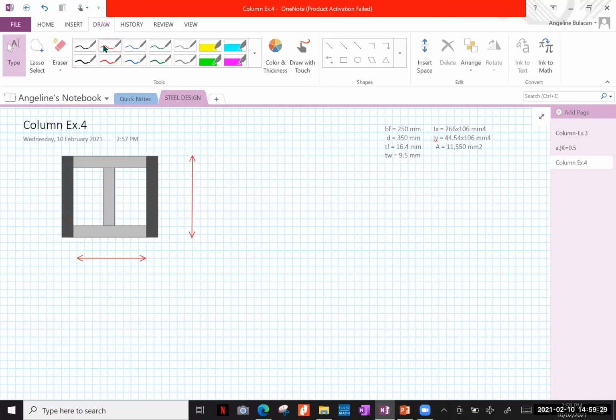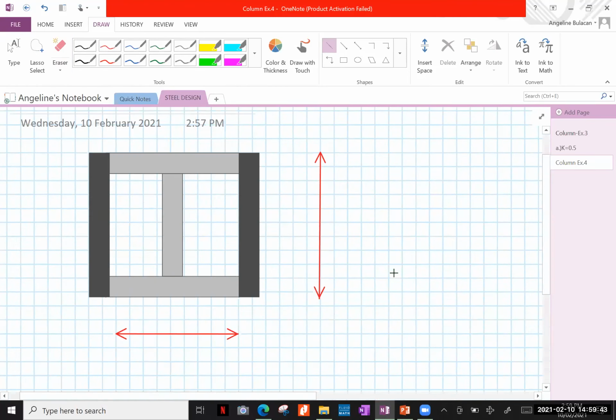So, sige, sulat ko na lang. So, yan. Yan, para mas malaki. So, maybe, this is, so yung 12 mm, 12 mm na. 12 mm.